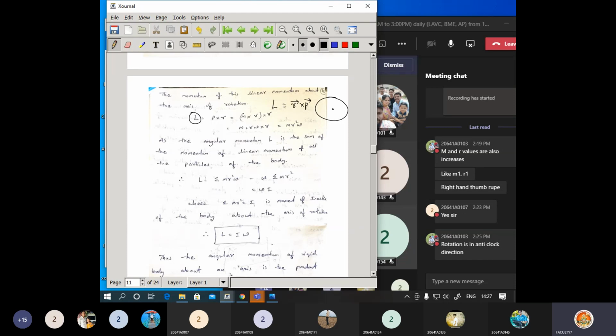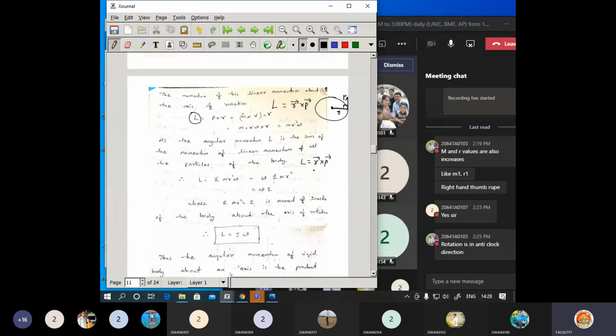Here this is a center, and I had moved from this point through a distance r, and from here you got a particle moving, and the momentum of the particle is p, which is in this direction. The angle between these two is 90 degrees. That's the reason I mentioned L equals R cross P.